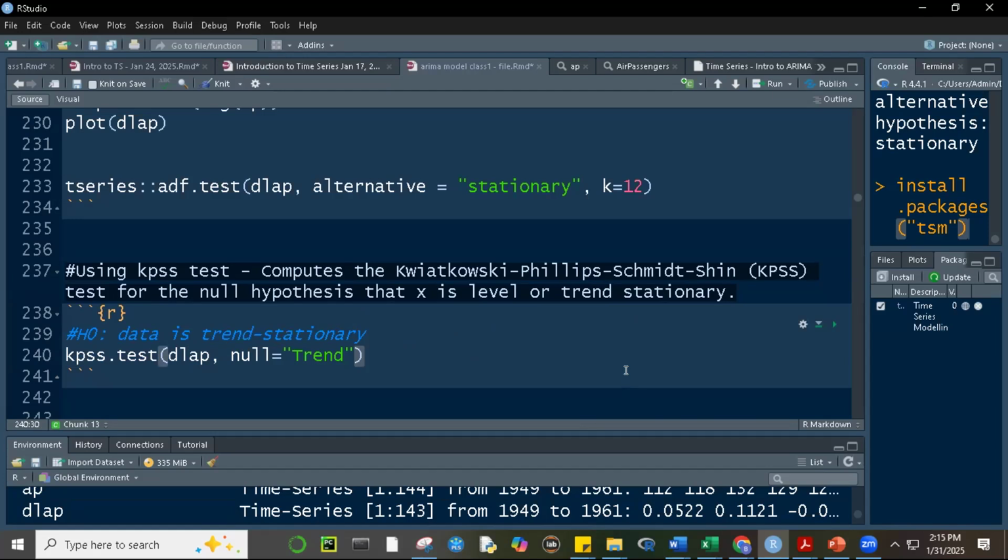What does that mean? When you say trend stationary, it means that the data has a constant mean. So does DLAP have a constant mean? Let's see. So the null is equal to trend stationary. Let's run this.